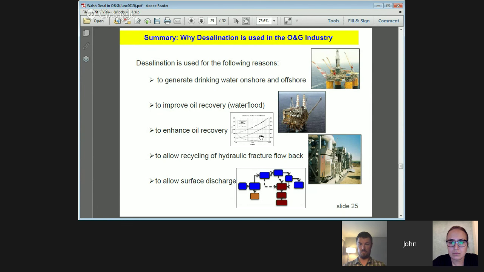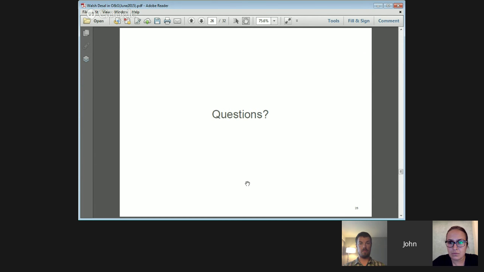And we talked about steam temperature in the heavy oils in Alberta, Canada, where mechanical vapor recompression is used. And we talked about mechanical vapor recompression for hydraulic fracturing using mobile units, and then coming back to membranes for surface discharge of coal seam methane. And so that's basically all that I wanted to say, and I'd open the audience to questions.